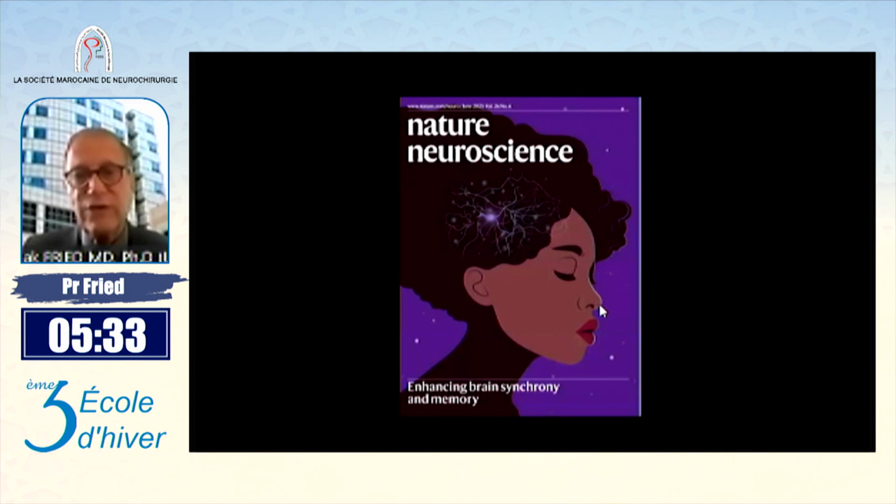And recently we have shown that during sleep, using closed loop, just like in RNS, we can enhance the synchrony between hippocampus and prefrontal cortex, and really enhance the consolidation of memory in the brain.